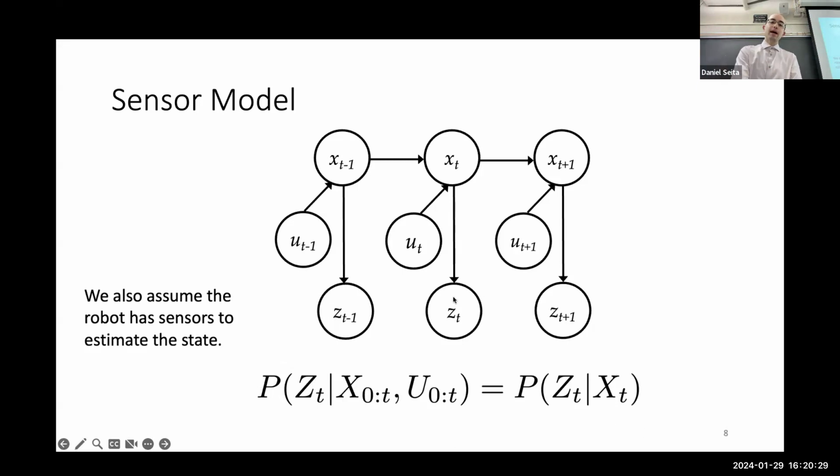And again, you can see that in the Bayes net structure. So if we were to shade in xt here, then the information will not propagate from ut to zt, and the information from xt minus 1 would be blocked as well. So there's no active path from anything before xt.